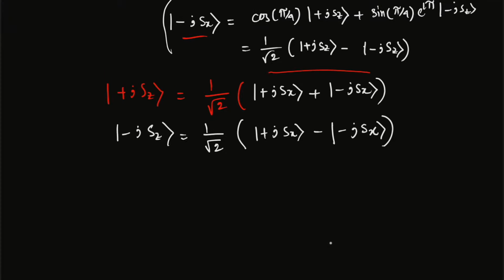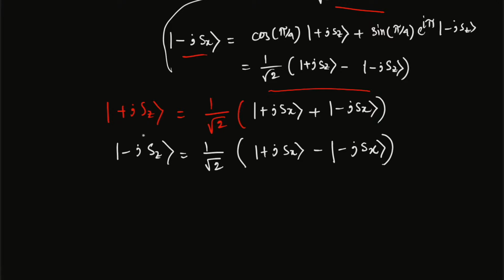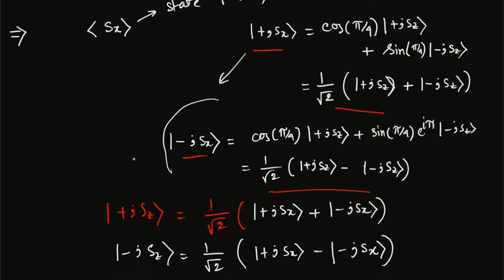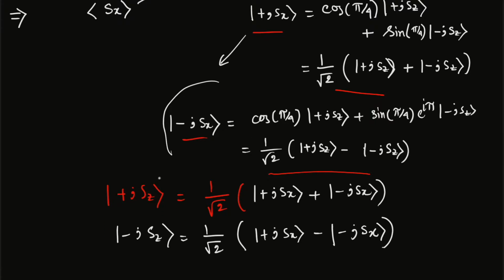So now we have expressed Sz states in terms of Sx states. We have to express them in this form because we want to calculate the expectation value of Sx. If we express Sz in terms of Sx, the calculation of the expectation value of Sx will be easier.